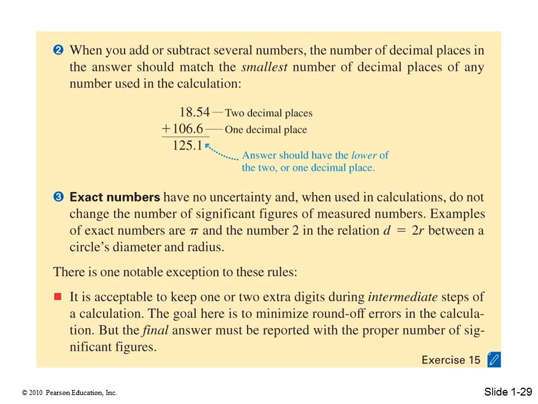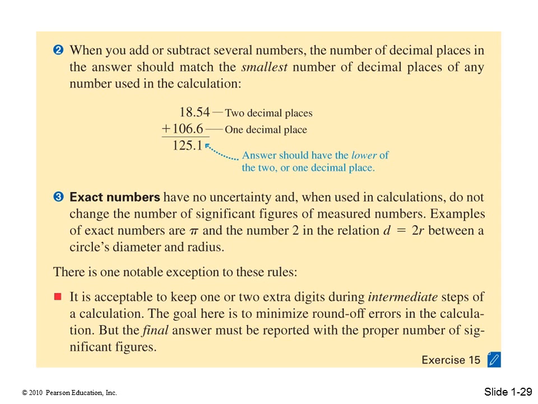All right, so if you're adding or subtracting, again, you can see on this example, 106.6 is not as precise as 18.54. That 4 makes that measurement a little more precise. So when you add numbers like that together, you actually have to go with the least precise of the two.